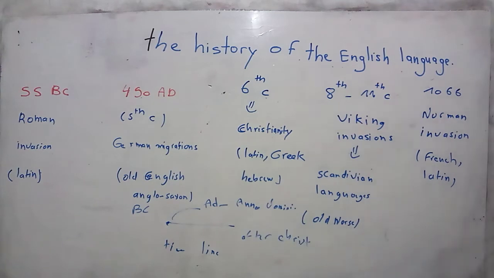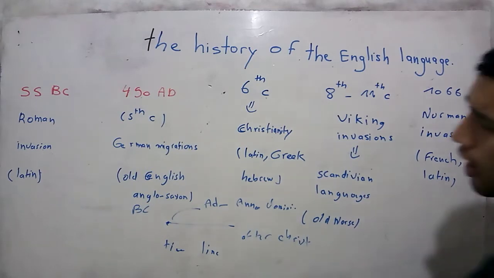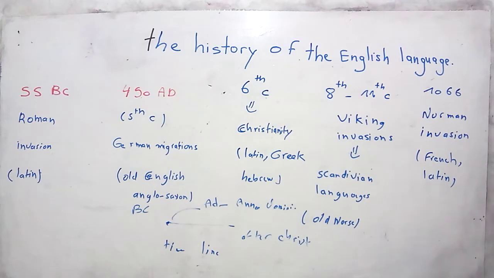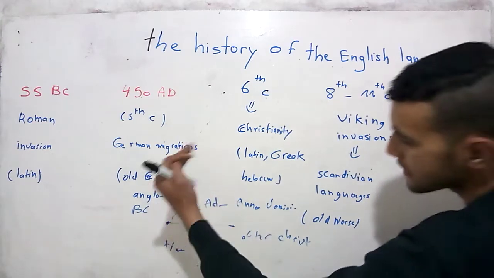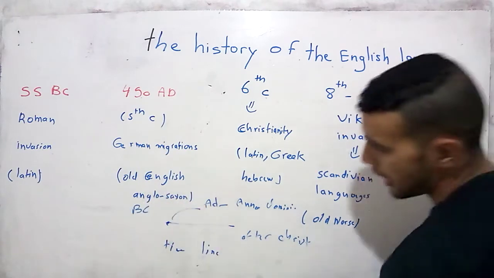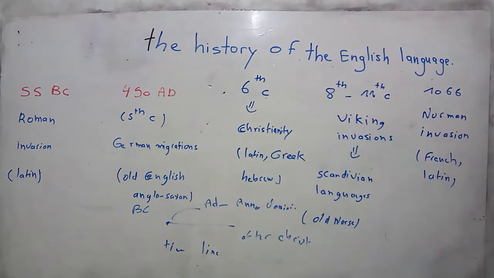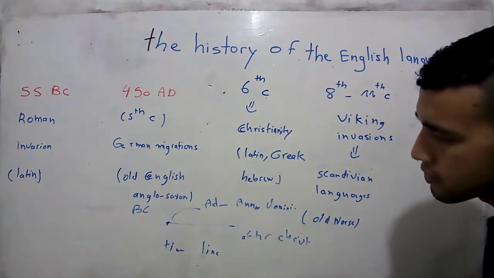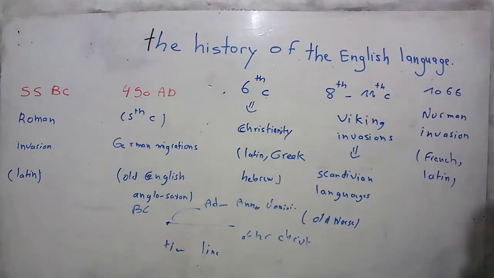Here we could call today's or current English Old English. I mean, not all of it, but maybe the traditional, or Anglo-Saxon. Anglo means English. Saxon is a district in Germany, maybe a province here, I forget the exact name.